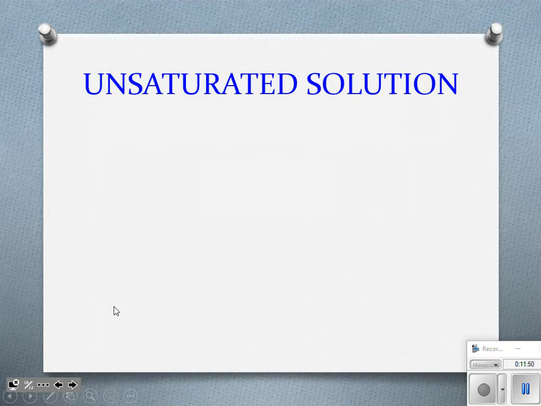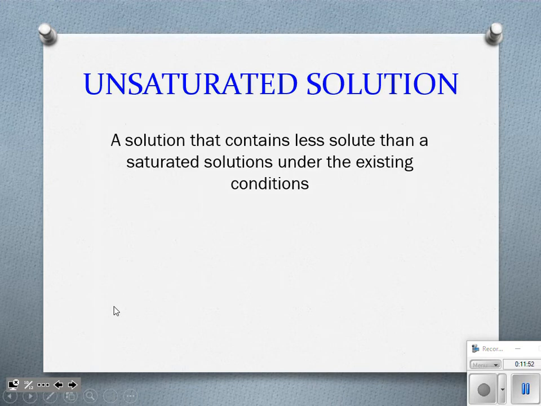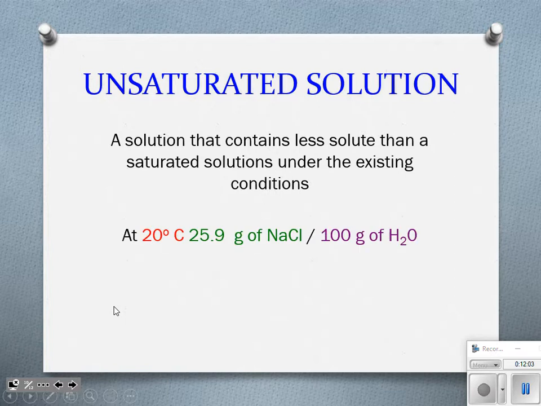An unsaturated solution is a solution that contains less solute than a saturated solution under the existing conditions. So, we just said that we could have 35.9 of sodium chloride per 100 grams of water at 20 degrees Celsius.